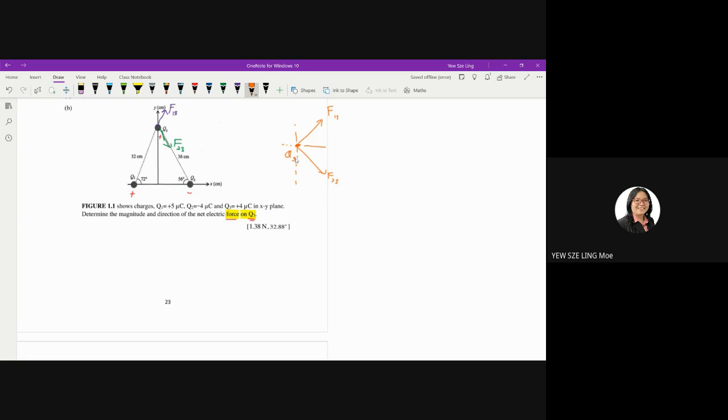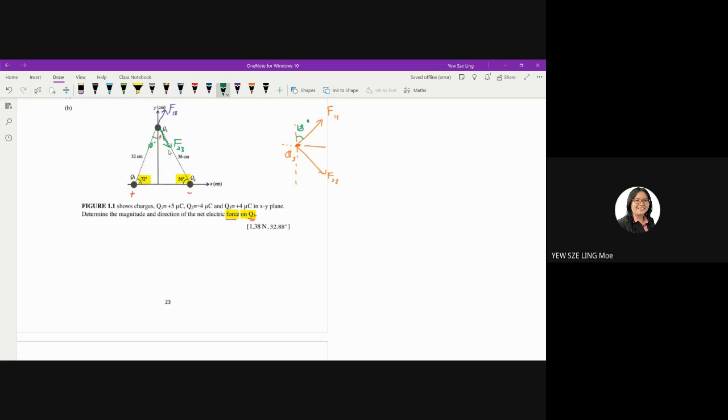Now in this diagram, you need to include the angle. Why? Because the angle is given. So what are the angles for F13? If this is 72 degrees, here would be 18 degrees.